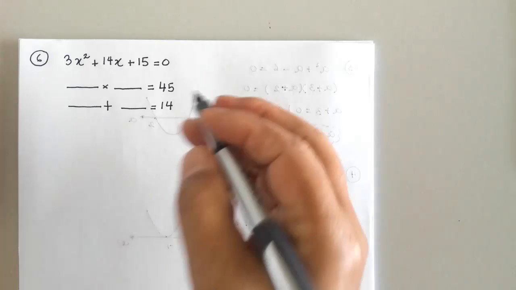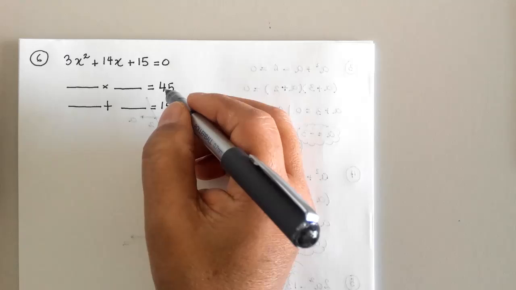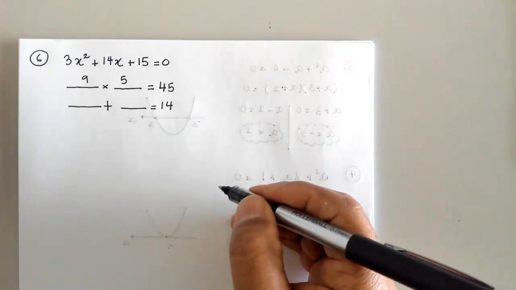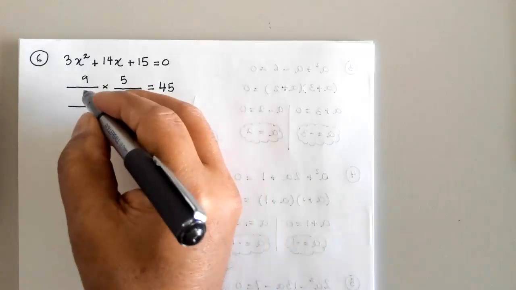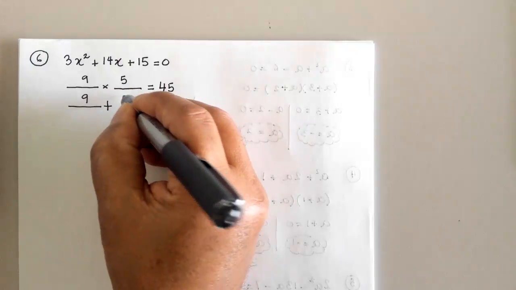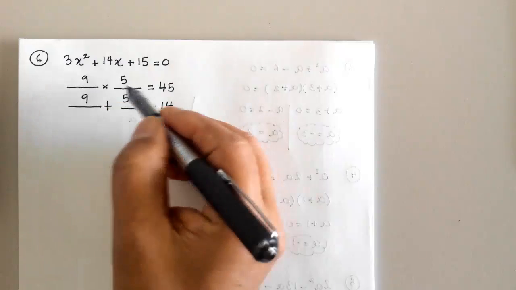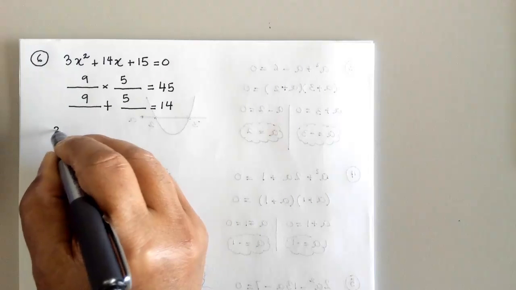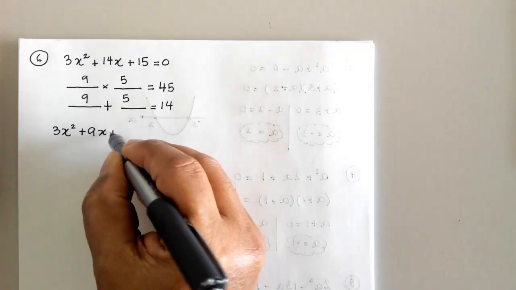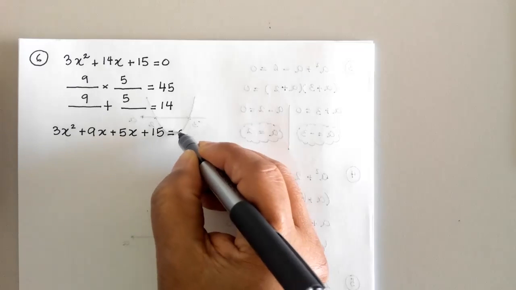I think this time is going to be easy because 9 times 5 is 45, and 9 and 5 added together is equal to 14, so that was easy. Then we split this 14 into 9 and 5, so we say 3x squared plus 9x plus 5x plus 15 equal to 0.